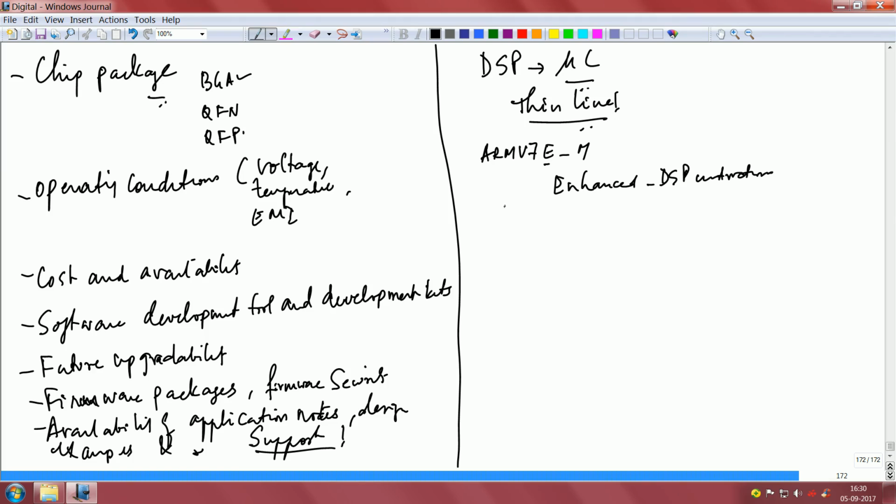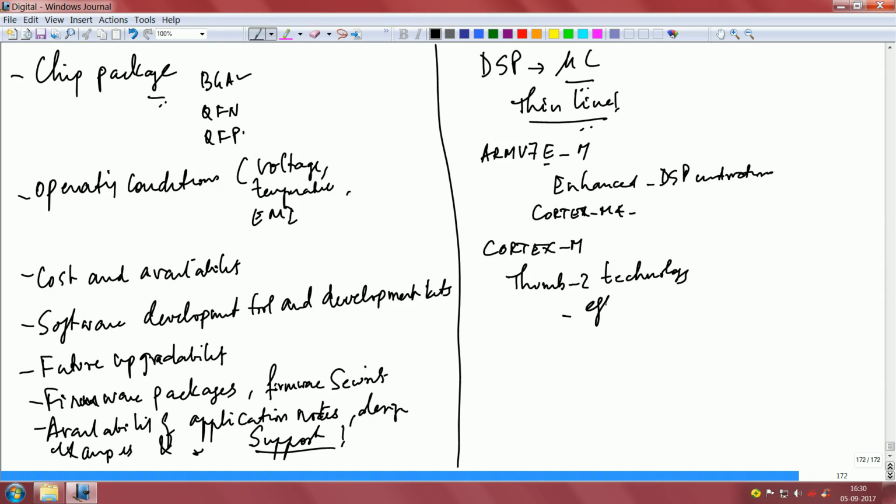And particularly Cortex M4 has these enhanced DSP instructions. Basically, if you look at the Cortex M series of processors, they support Thumb 2 technology ISA, which is nothing but the instruction set architecture, very efficient.